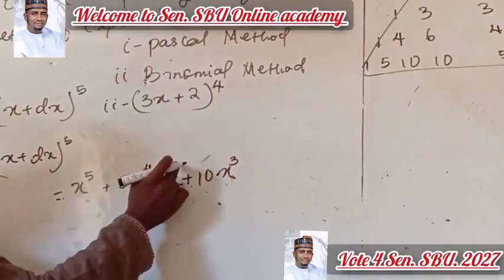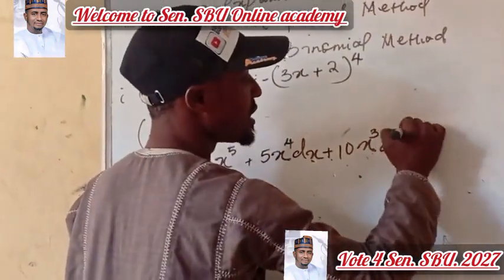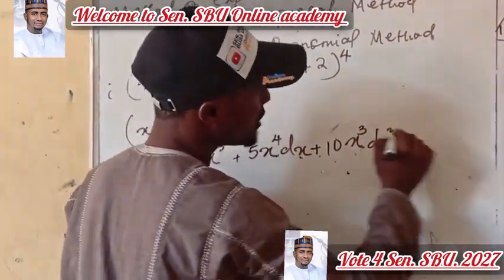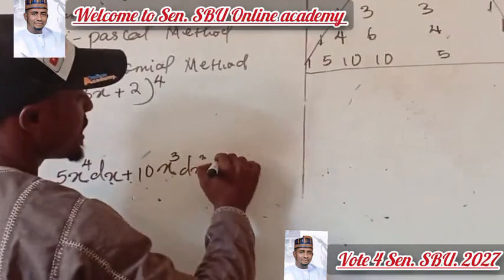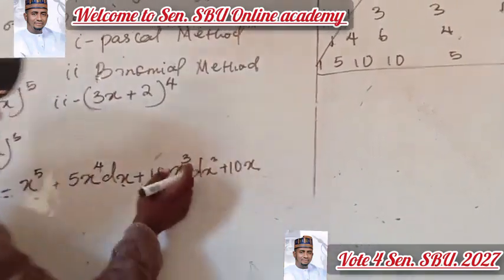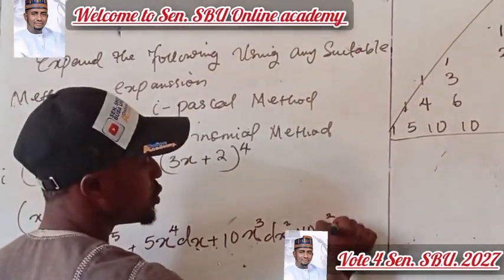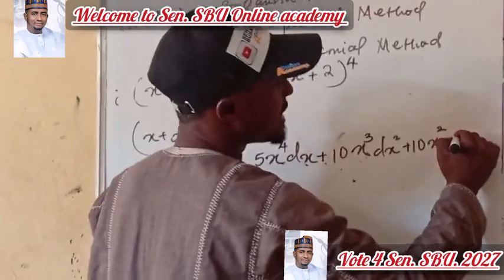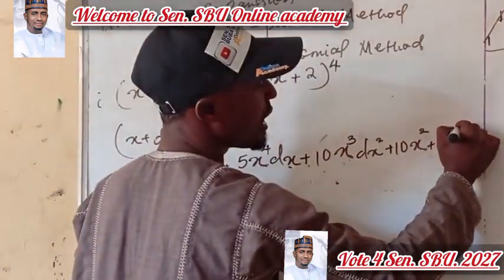Then dx is power 1 here; if it increases by 1, it will be dx squared. You now write plus 10, you have picked this 10. Plus 10x, x is power 3 here; if it decreases by 1, it will be power 2. Plus dx, dx is power 2 here; if it increases by 1, it will be power 3.